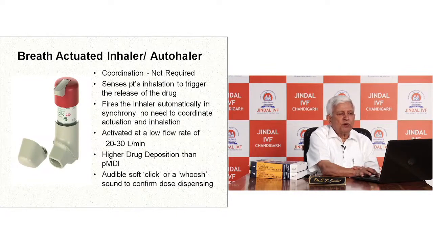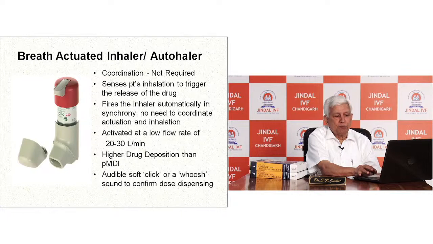The second important method to avoid this problem is the availability of autoinhalers or breath actuated inhalers. They are also helpful in getting rid of this problem of coordination. Here the patient will inhale only if he inspires, you see. They can be activated at a low flow rate of 20 to 30 liters per minute, which is most of the time always there even in severe conditions.